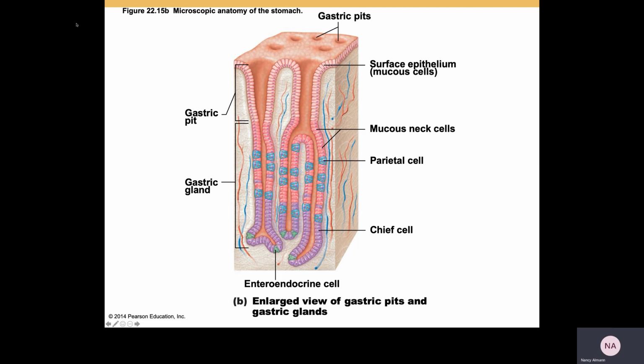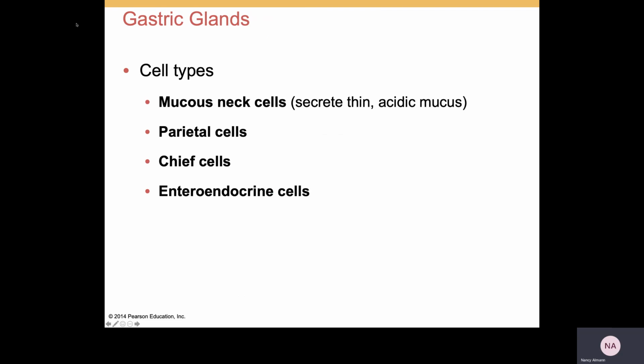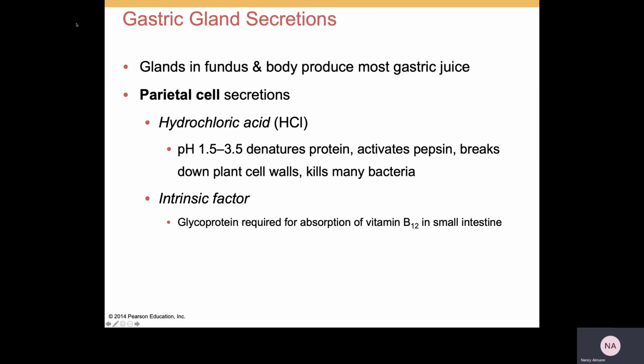Several different types of cells that you need to know: the mucous neck, the parietal and chief cells, as well as the enteroendocrine cells. Let's give a quick look at those. There's a list again, and here we have it. Again, the glands are in the fundus and the body, and those are the ones that are going to produce most of the gastric juices.